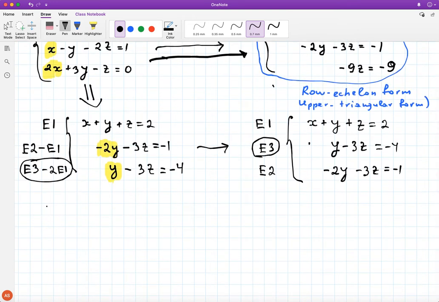We will keep equations 1 and 2 unchanged, and I will add to the third equation the second equation multiplied by 2. That is exactly what is needed to eliminate y from the third equation.